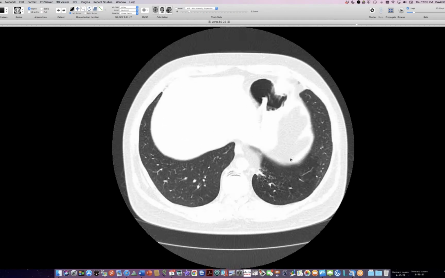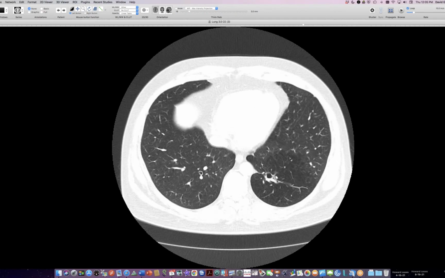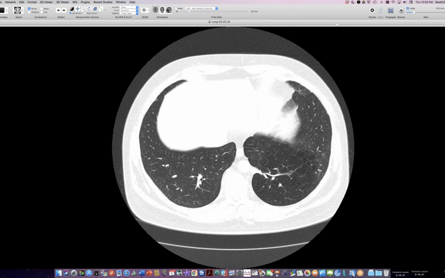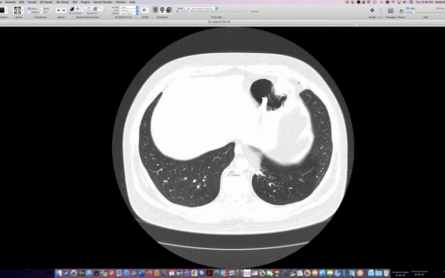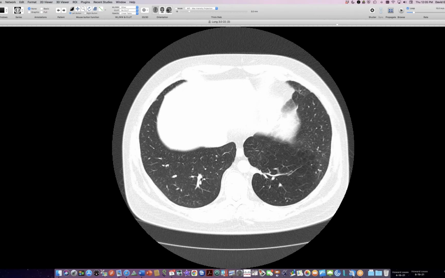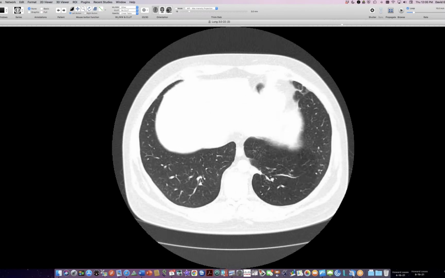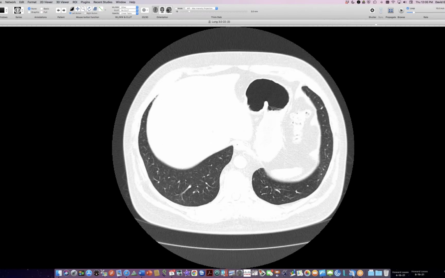So it seems that you can have almost all tissue densities involved in sequestration, from hyperlucency like this to soft tissue to cysts containing fluid and lowish attenuation. And then you can even see calcification. You can see calcification in the artery, which tends to have premature atherosclerosis. I don't think I've seen calcification in the retained mucus in these lesions.